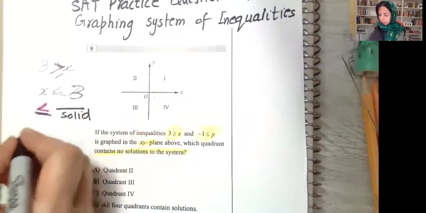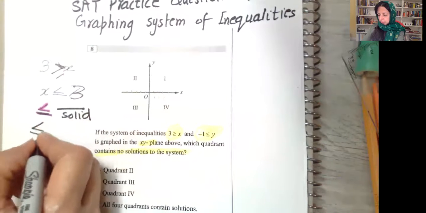And for less than or equal to, or less than only, we are going to shade to the left. Since we have x here, whenever you have x, you are going to have a vertical line. A vertical line on 3. When you have a vertical line, the left-hand side will have smaller numbers.